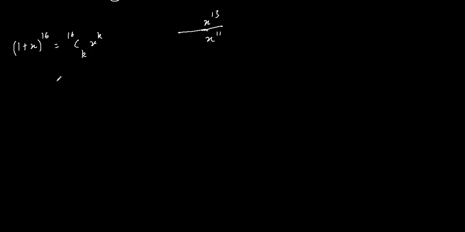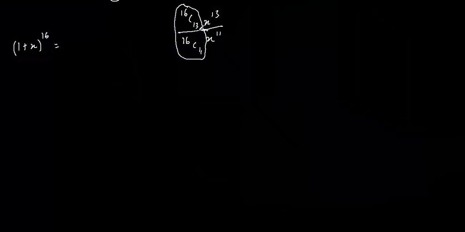So for x to the 13, we get 16 c 13. For the other term, in a similar fashion, we get 16 c 11. And so the ratio of the coefficients would be these. Then you plug it into your calculator and get your answer.